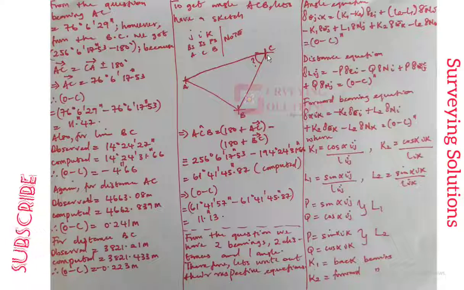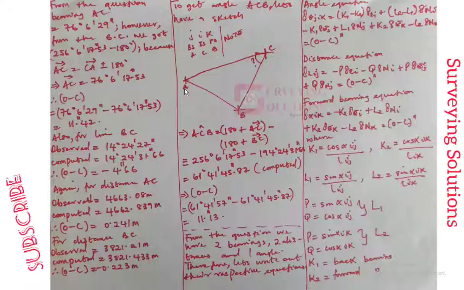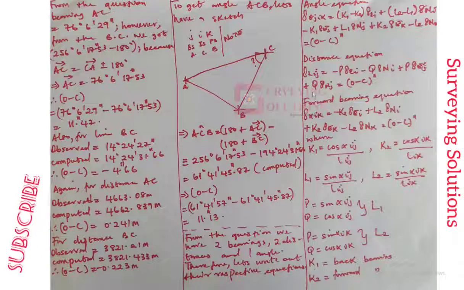So now let's come back. We have C to A, which means C is our instrument station, and then A is our foresight. I'm sorry, A is our foresight, which is K. So since we are moving from C to A, C has error, which is I, and then K, which is our forward station, does not have an error because it's actually adjusted.